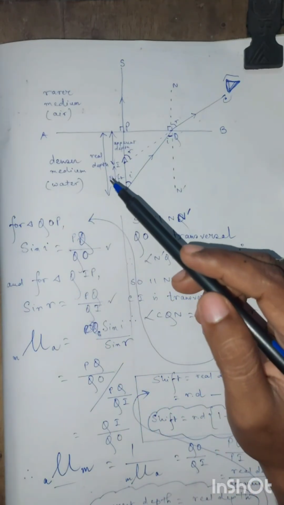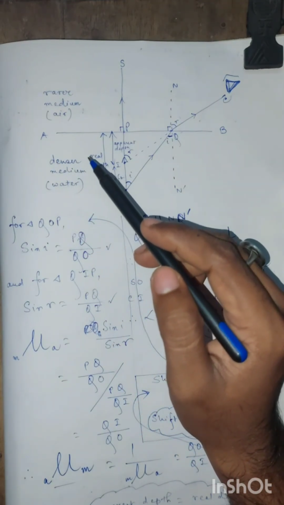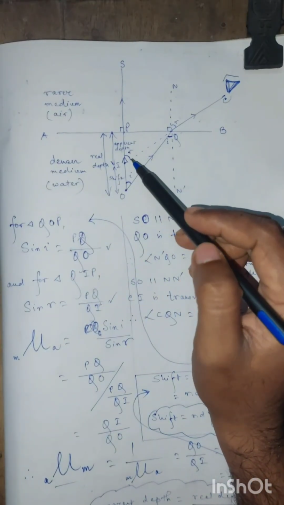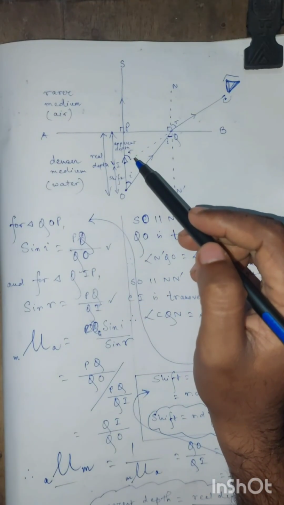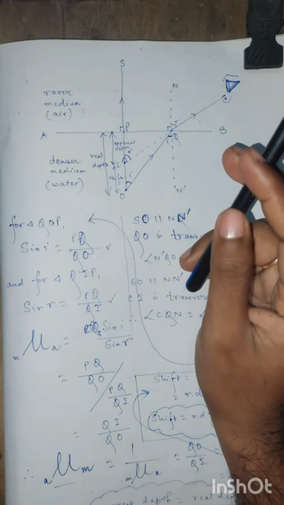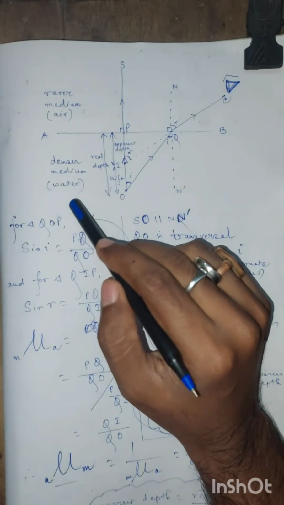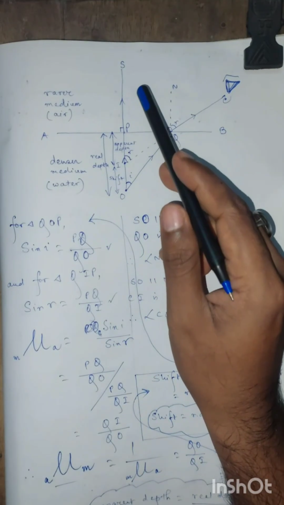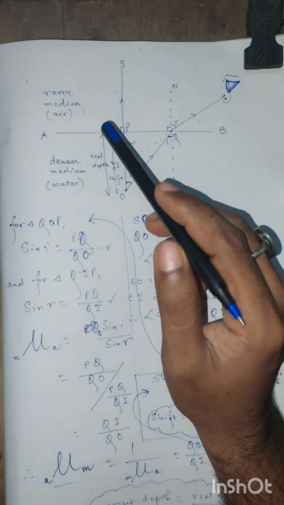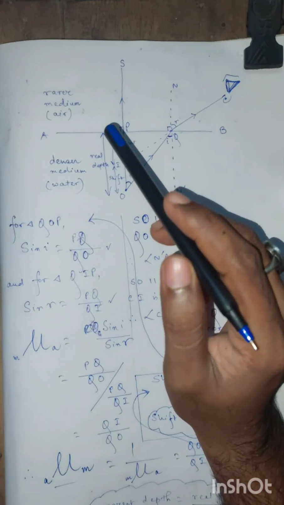Now AB is the boundary between two media. Our first medium is water and our second medium is air, which is optically rarer than water.